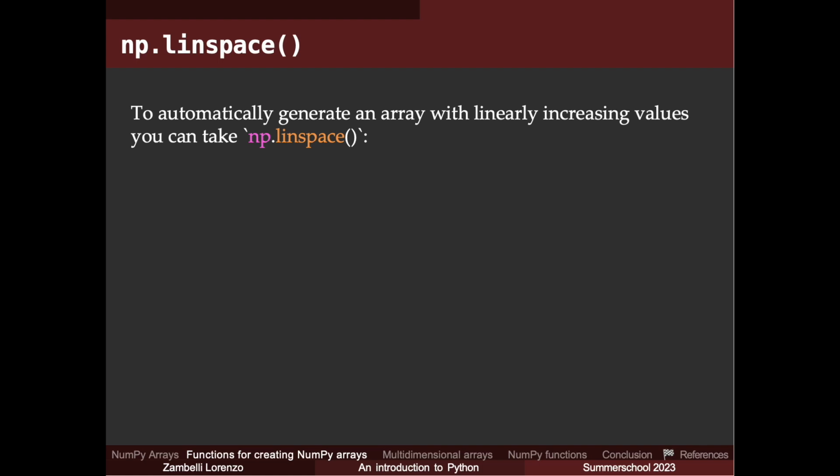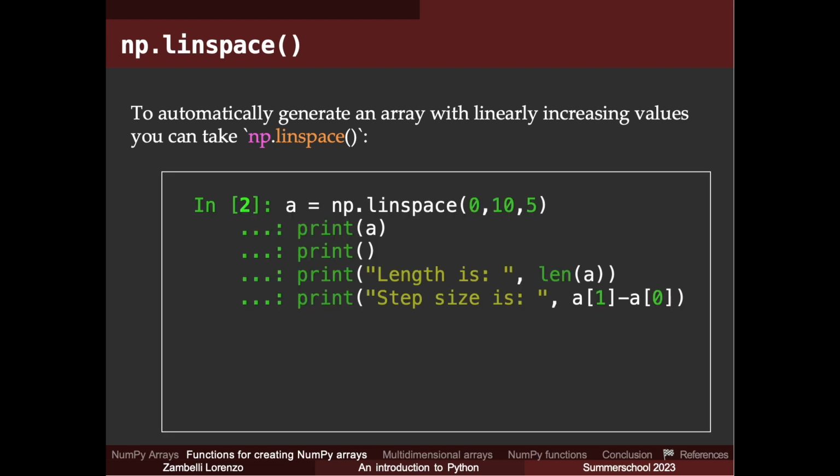Okay, another important function NumPy gives us is the linspace function, which returns an array with linearly increasing values. To understand it better, look at the example now. We are creating a NumPy array with this function, and we want the values inside our array to be from 0 to 10, but we want the array to have length 5.